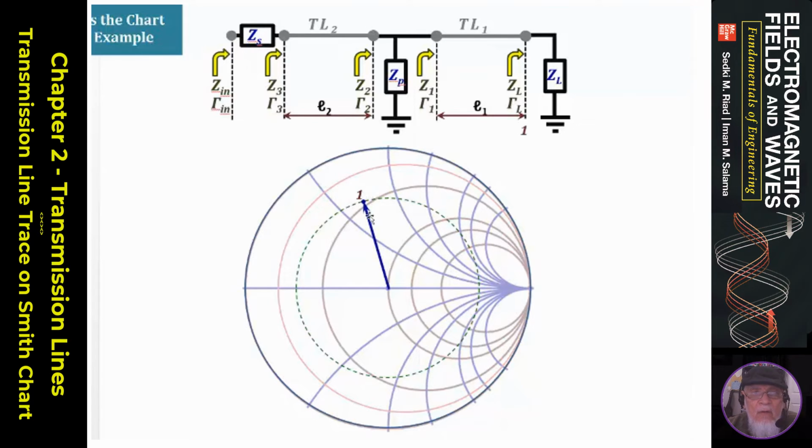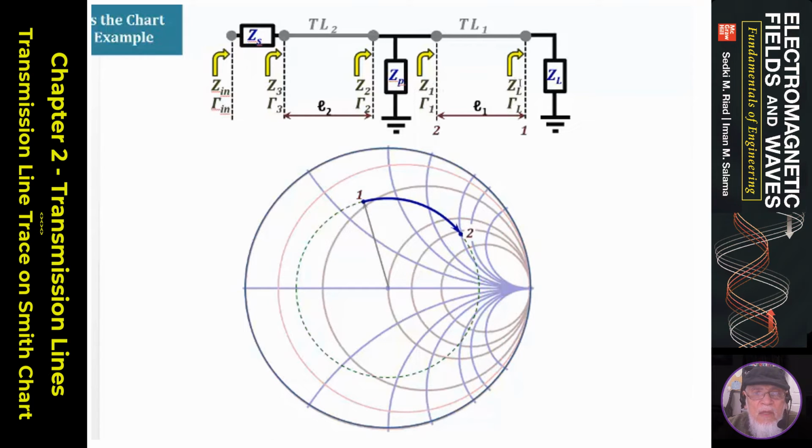I locate an R circle and X circle, and the intercept would be my point, and this would be my gamma phasor at this location. So that's actually your gamma_L, where point 1 represents the impedance Z_L at that particular location.